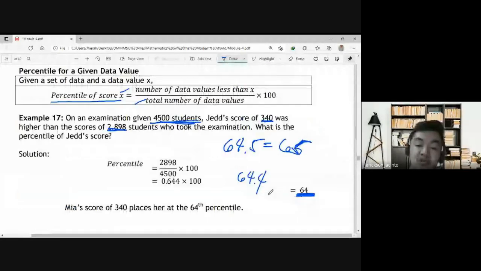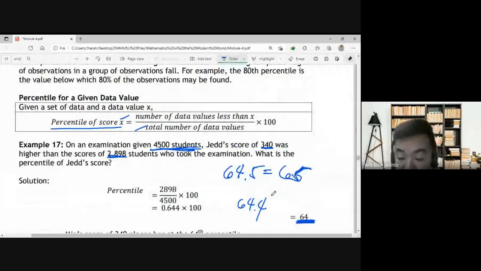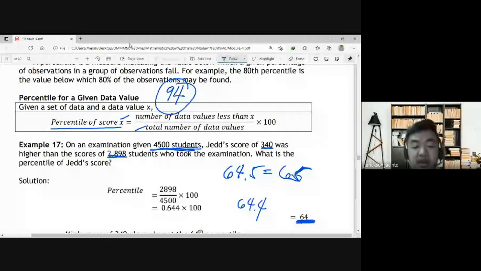Okay? So ako noon, nung nag-take ako ng NCAE ko, nakuha ko yung aking result, it is 94 ata. So that means that 94% ng lahat ng mga nag-take ng NCAE that time ay natalo ko. So, let's say kapag 1,000 kami na nag-take, 940 na nag-take ng exam na yon, yun yung natalo ng score ko.